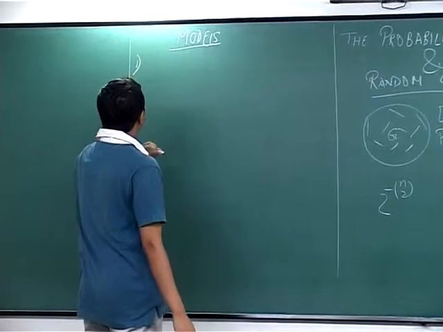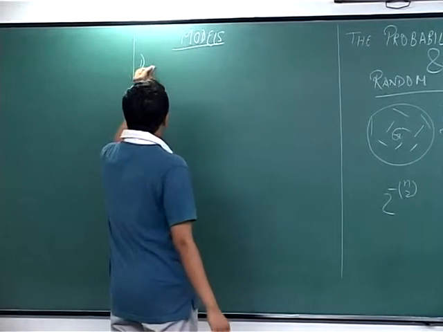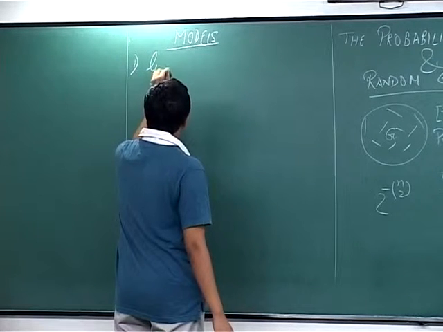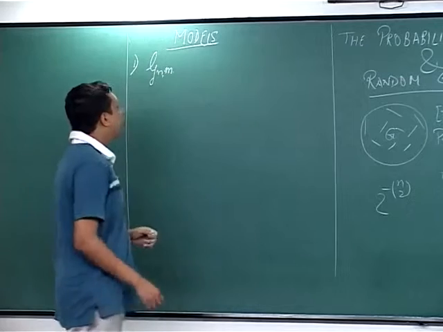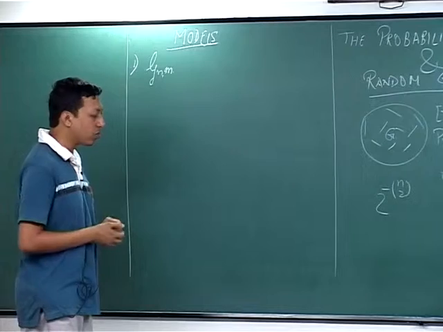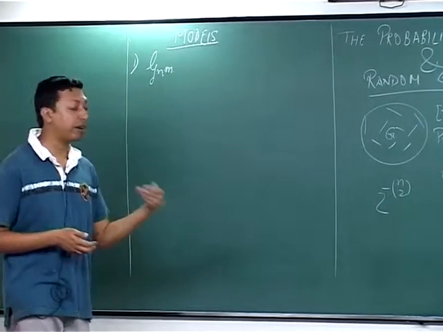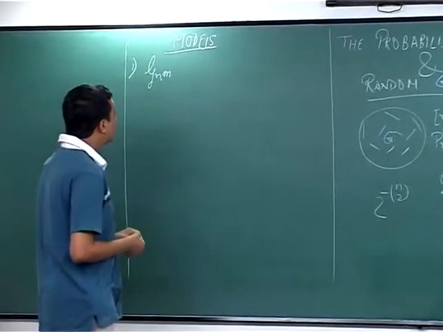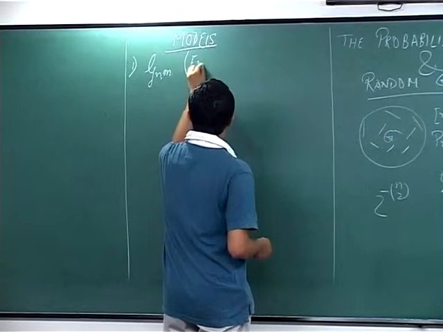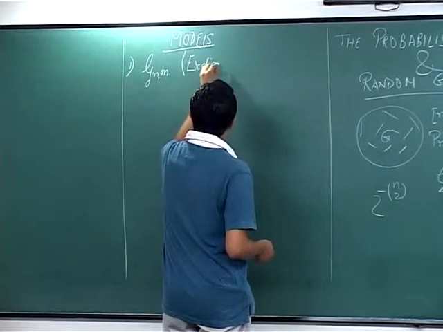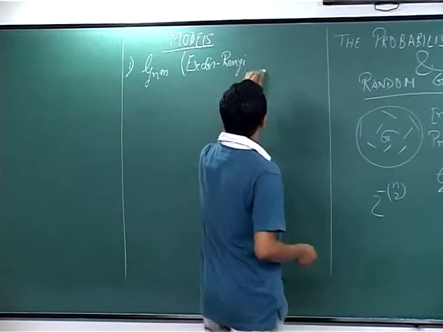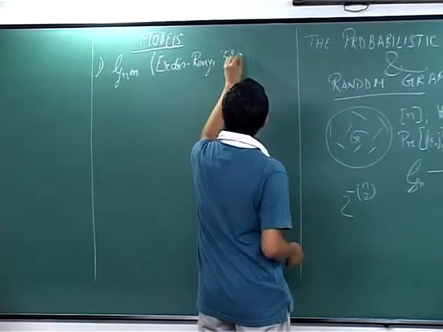So the first model, I'll go in chronological order, is G(n, m), and this is really the first model that was studied specifically under random graphs. This study was initiated by some path-breaking papers of Erdős and Alfréd Rényi in 59 to 61.